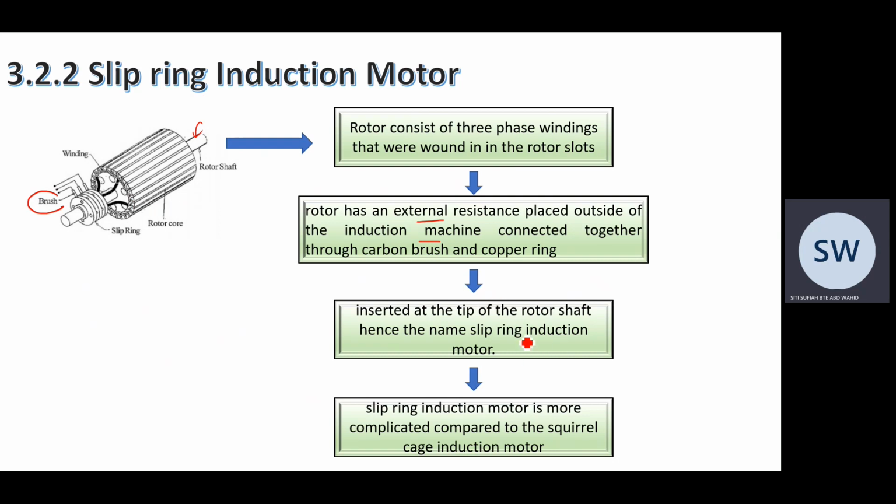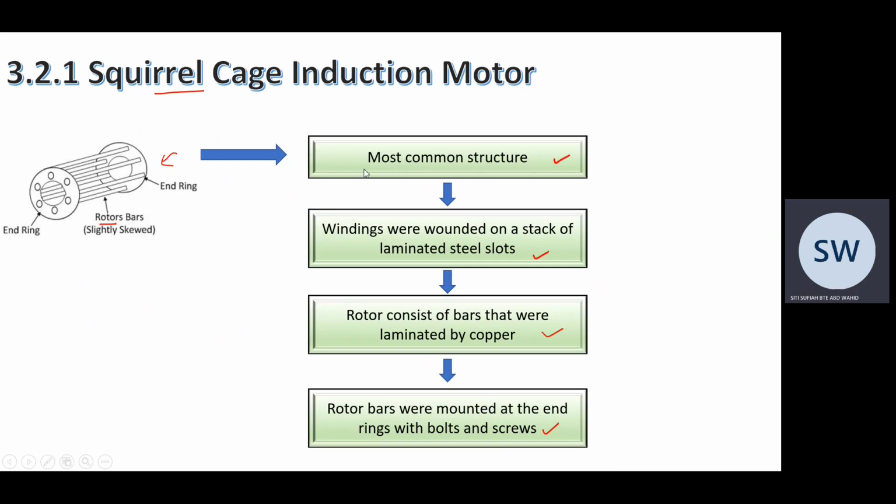It is inserted at the tip of the rotor shaft, hence the name slip ring induction motor. It is also much more complicated compared to squirrel cage. So as mentioned earlier, the most commonly used is the squirrel cage.